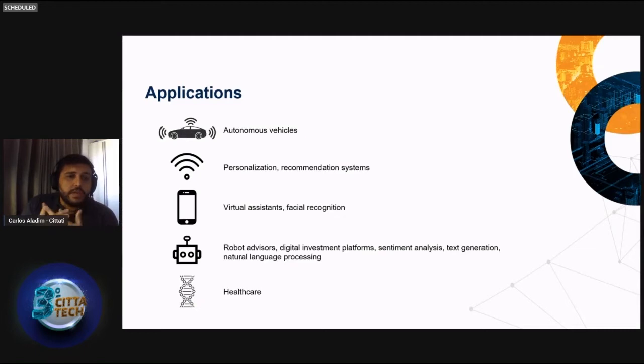We also have robot advisors, investment platforms that are all digitalized, sentiment analysis, text generation, natural language processing, and in healthcare, a lot of stuff.